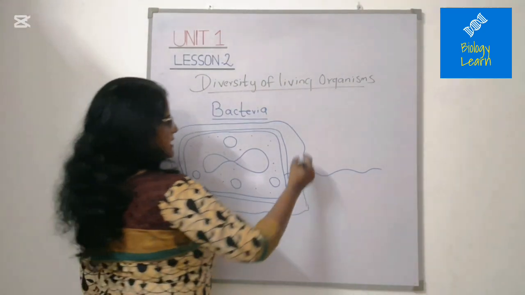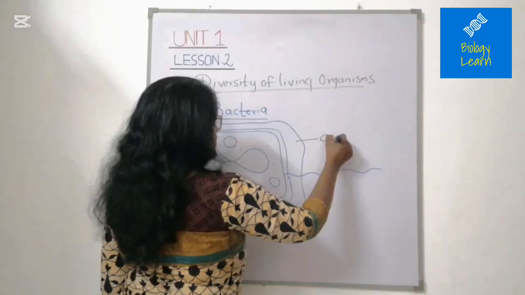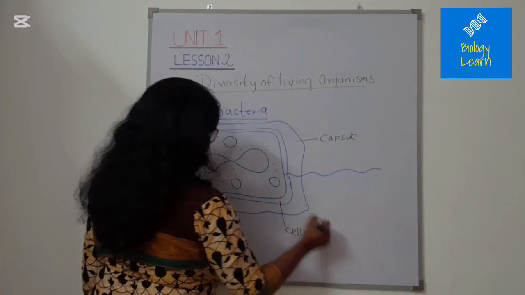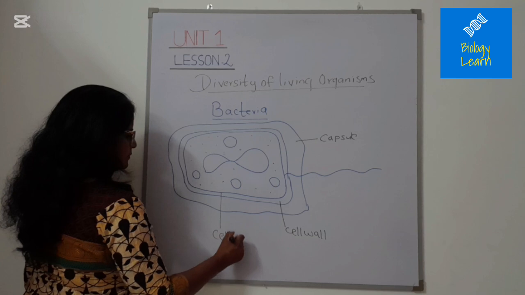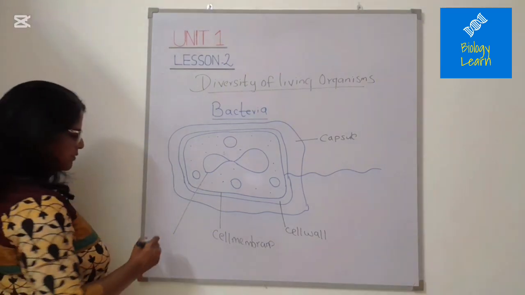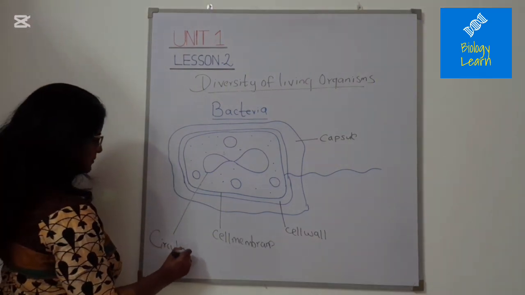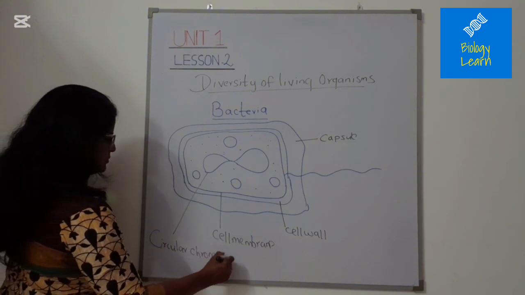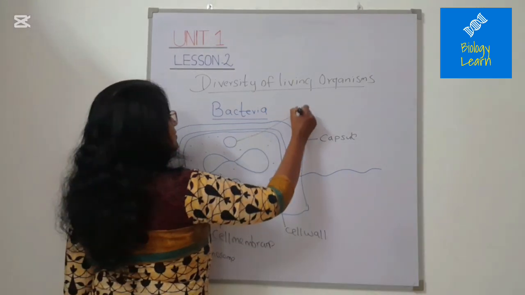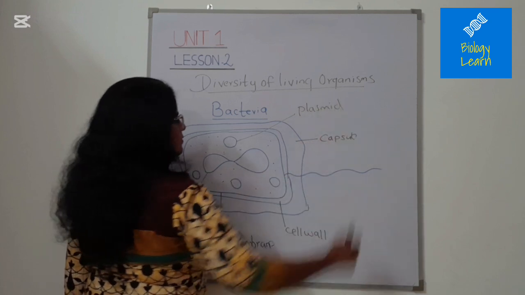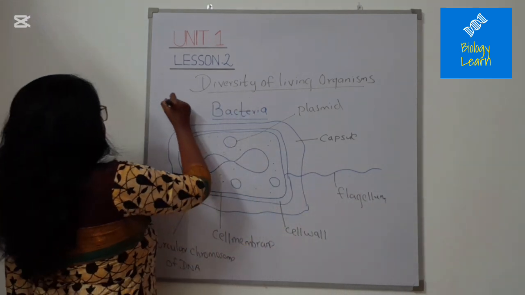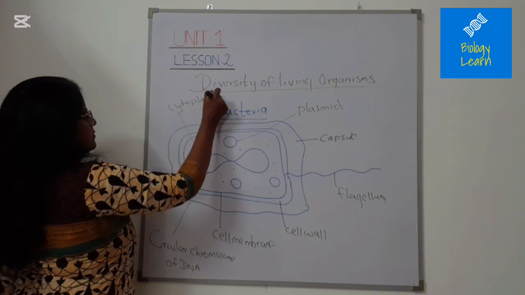So now I am going to label the bacterial cellular structure: capsule, cell wall, cell membrane, circular chromosome of DNA, plasmid, flagellum, cytoplasm and ribosome.